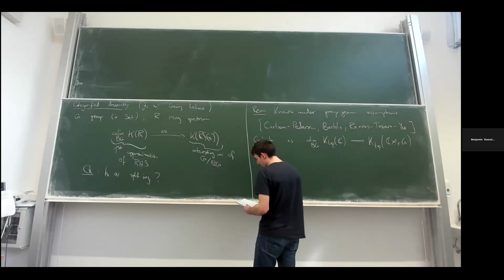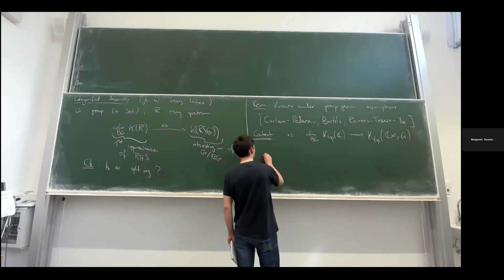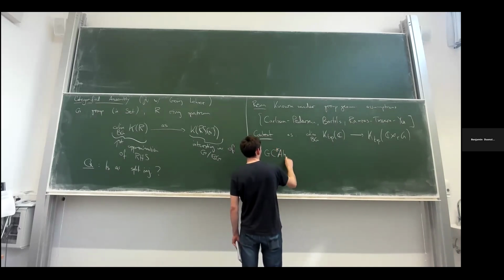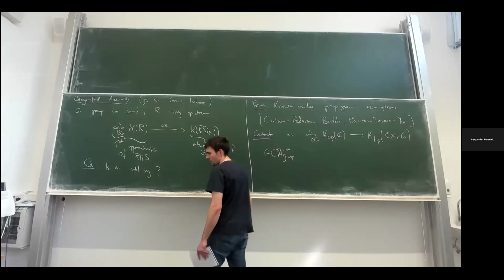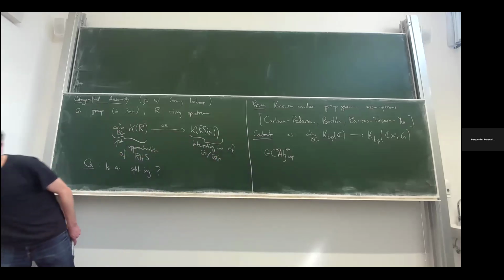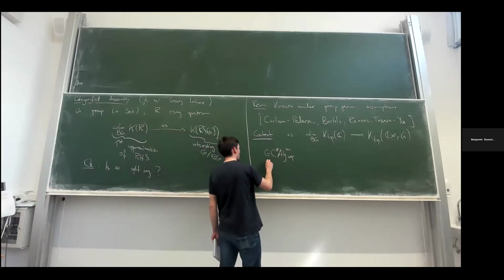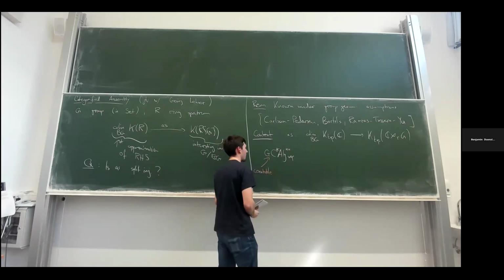Namely, one can note that one actually has a large composition of functors as follows. So one can start with these algebras with G action, so that this actually is well defined. In this situation, G is going to be countable.